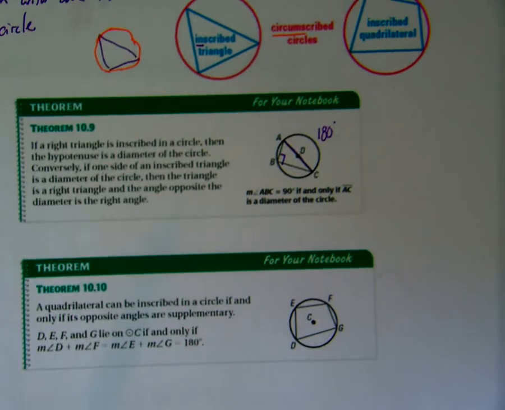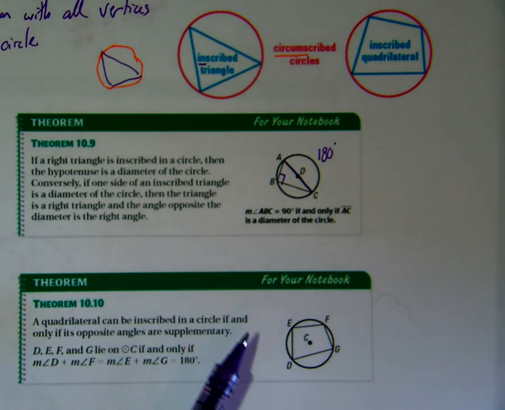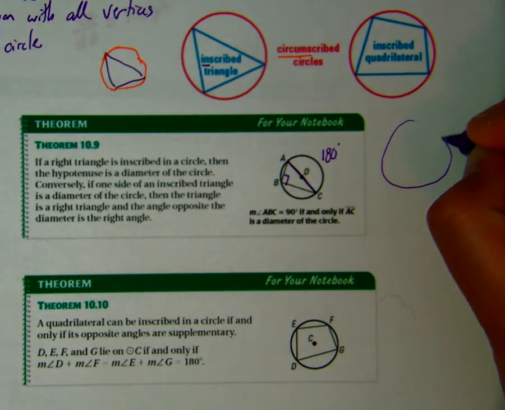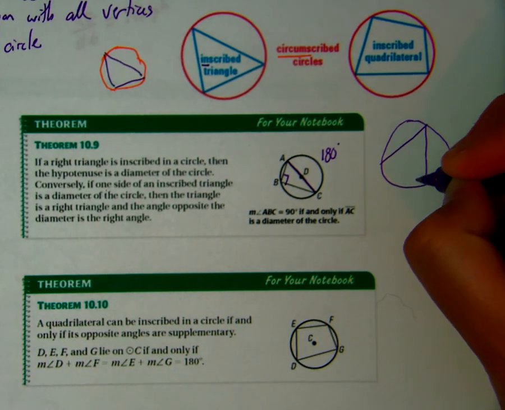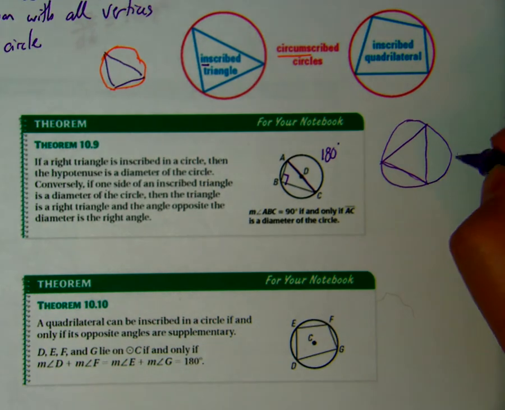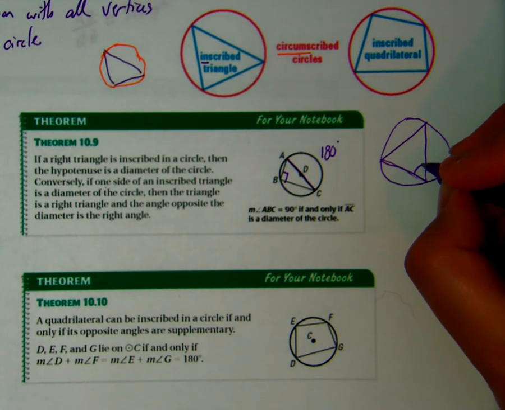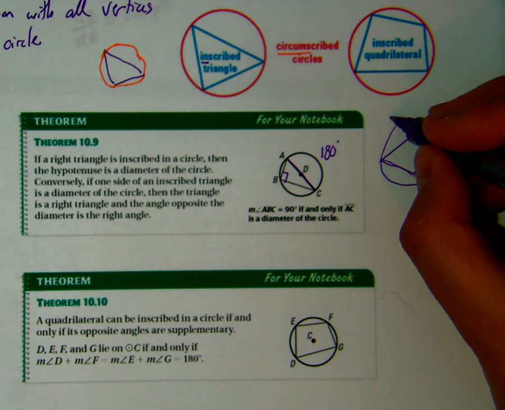Actually, before I talk about that, let me just mention how, because we're talking about how this is the only quadrilateral that works, for triangles, they always work. So you can always inscribe a triangle, because this angle is going to be half the measure of this arc up here.